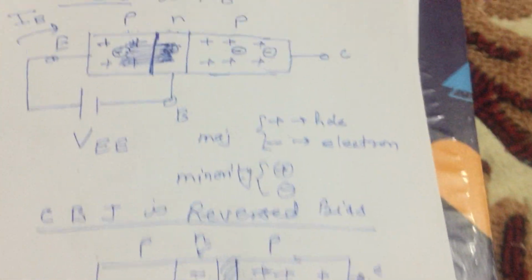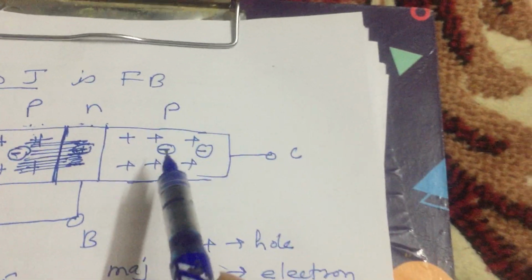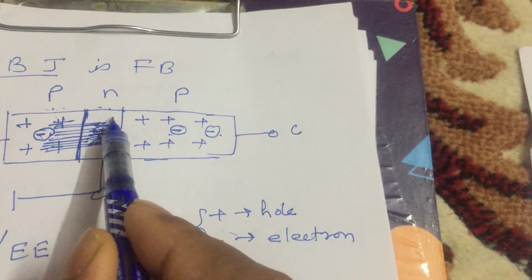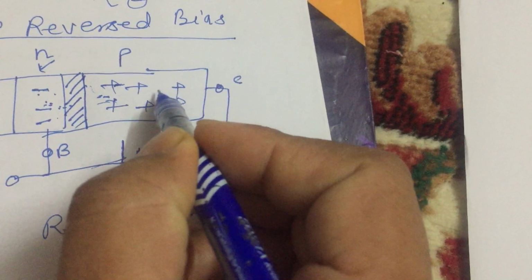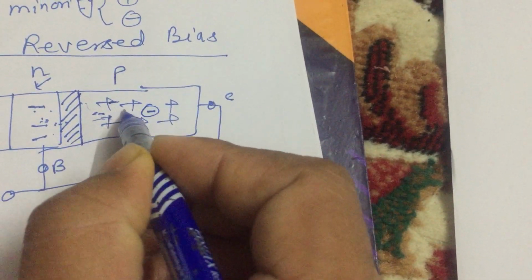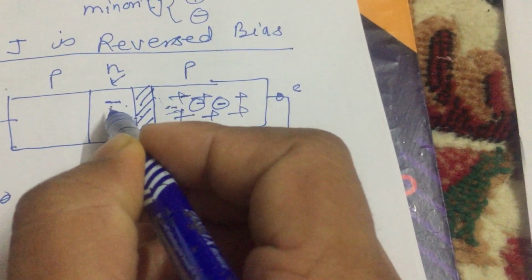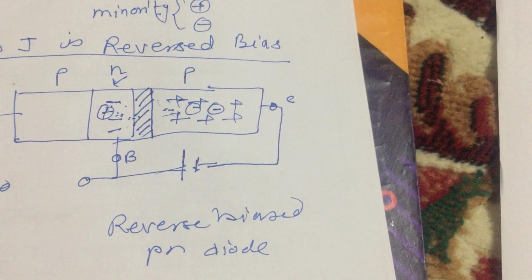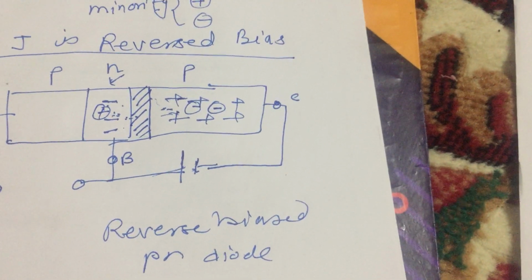But besides this, there are some minority carriers also here, and some minority carriers here. So here are again some minority carriers, negatives, and some majority carriers. Now this minority carrier will be able to cross the junction.